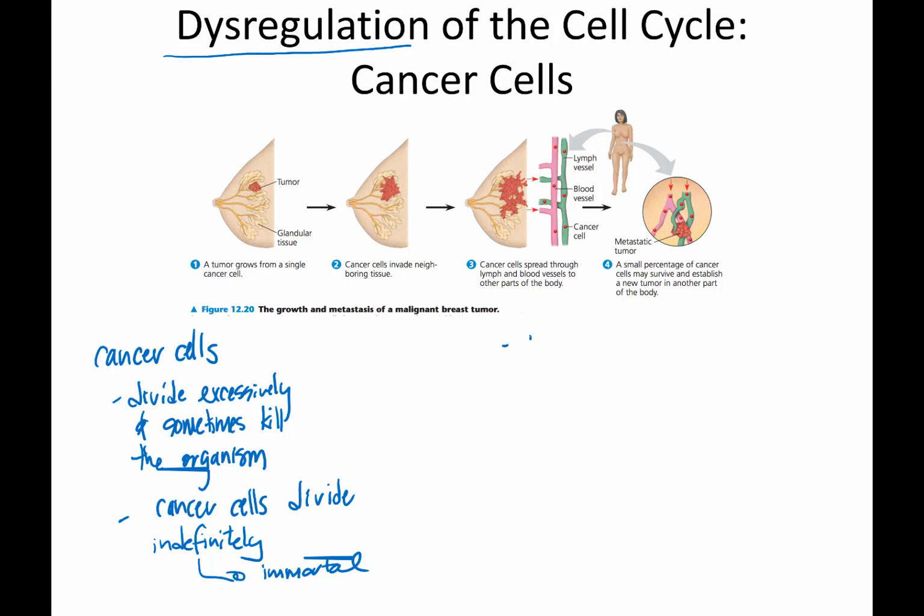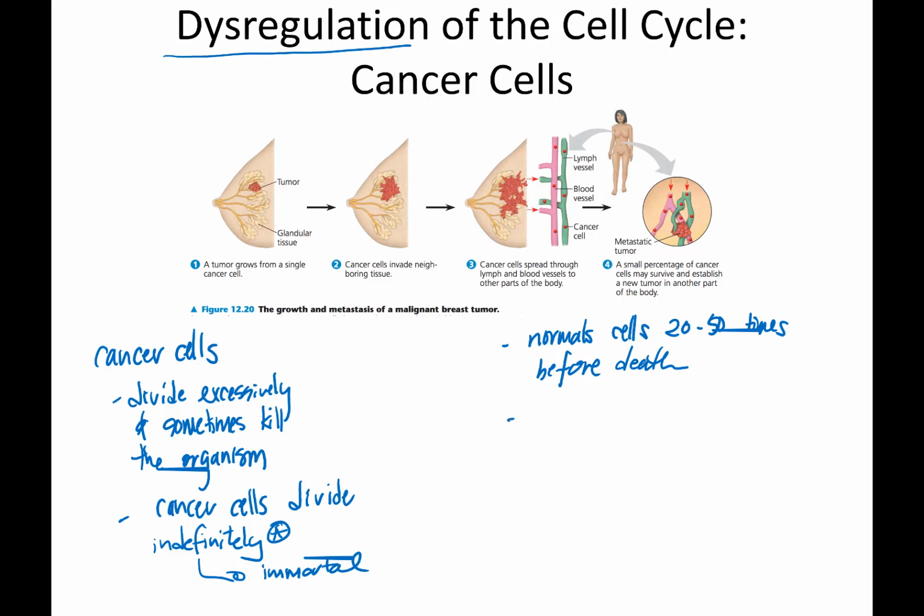Usually, normal cells divide anywhere between 20 to 50 times before they die. But cancer cells, one of their hallmark characteristics is that they divide indefinitely. They never die.